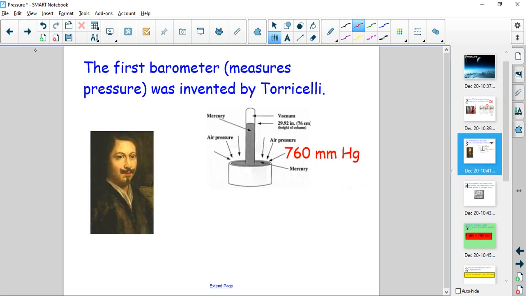Okay, so let's get into how we can measure pressure. Famously, this Italian physicist and mathematician, I believe his name was Evangelista Torricelli, living in the late Renaissance period, in the early and mid 1600s, is known for developing the first barometer.